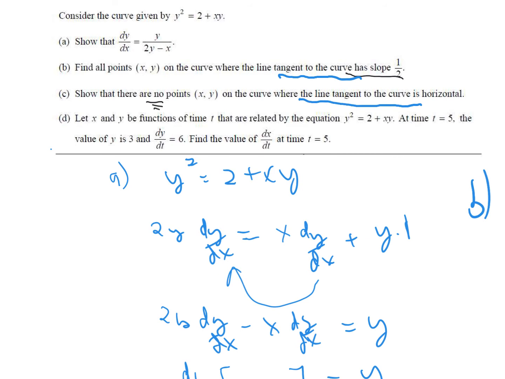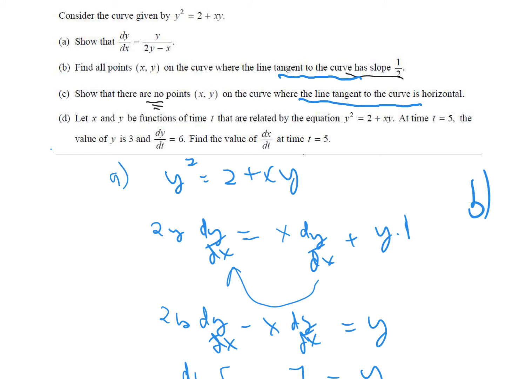Let x and y be functions of time, and that are related by the equation y squared, well, that's my function. At some time t is 5, then the value of y is 3, and dy/dx is 6.